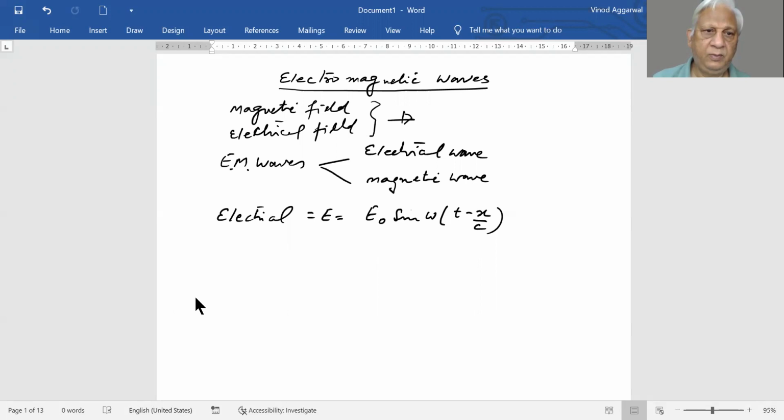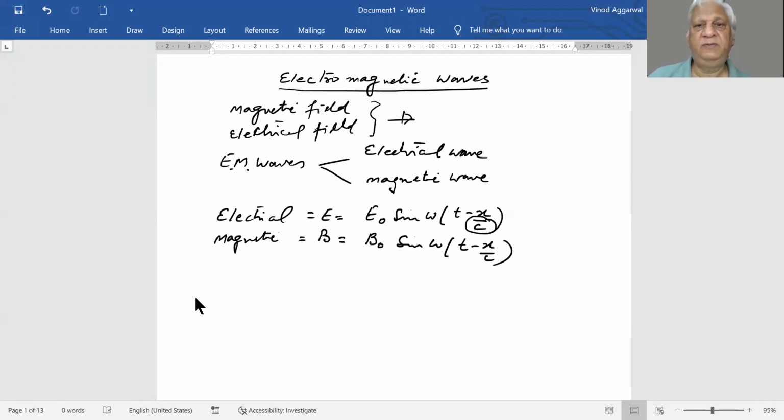Similarly, the magnetic field is represented as B. Here, C, earlier the velocity of propagation, is now the velocity of light, because the speed of propagation of an electromagnetic wave is the speed of light.